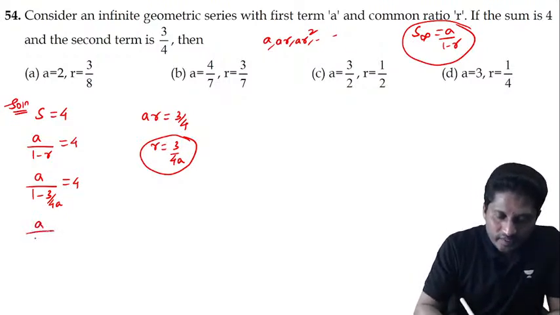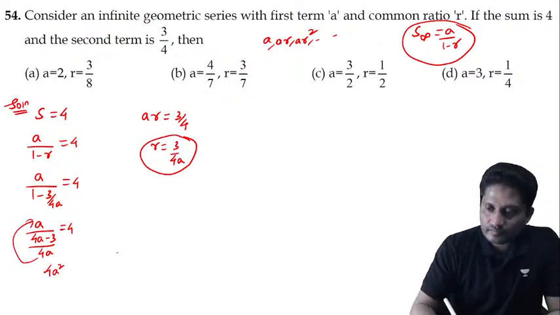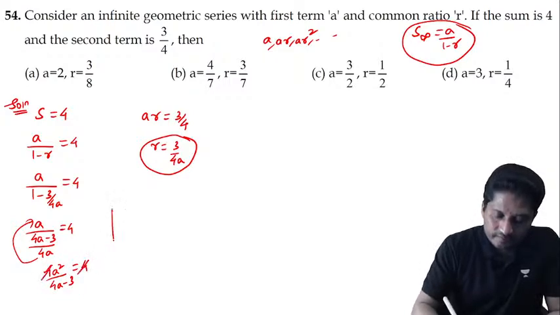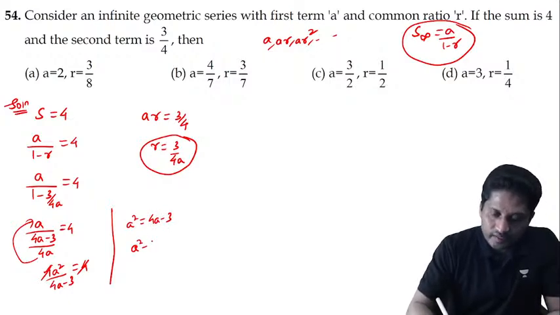A divided by (4A minus 3) divided by 4A is equal to 4. I take this to numerator, you get 4A square upon 4A minus 3 is equal to 4. This will cancel. A square is equal to, if I cross multiply, 4A minus 3, A square minus 4A plus 3 is equal to 0.